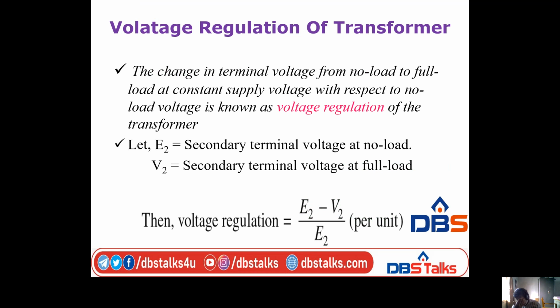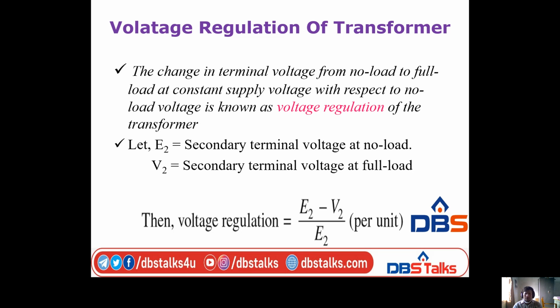Generally, regulation is nothing but the change in terminal voltage from no load to full load, and it is expressed as a fraction of the full load voltage or the no load voltage. That is known as the voltage regulation of the transformer.